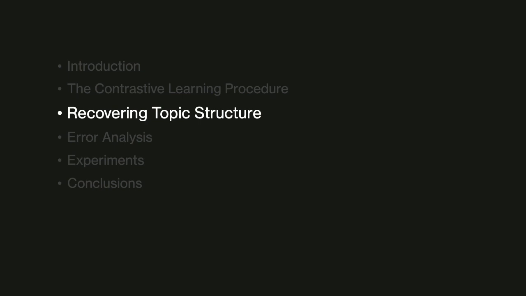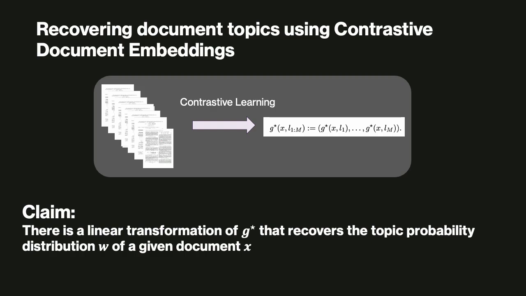Next, we'll talk about how the posterior topic structure can be recovered from these embeddings. In this section, the authors demonstrate that the document embeddings we looked at through contrastive learning can actually capture the underlying topic structure of the documents. Specifically, they show that a linear function of these embeddings can represent any polynomial function of the topic posterior vector, and this enables the recovery of topic information from the learned embeddings.